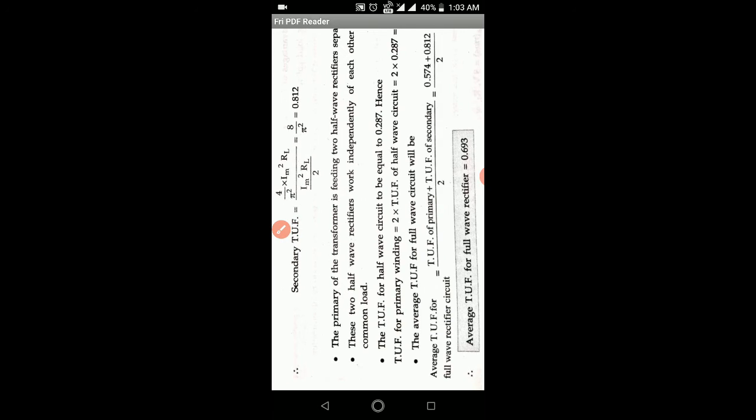Now the primary of the transformer is feeding two half wave rectifiers separately. These two half wave rectifiers work independently of each other but feed a common load. The transformer utilization factor for the half wave circuit is equal to 0.287.